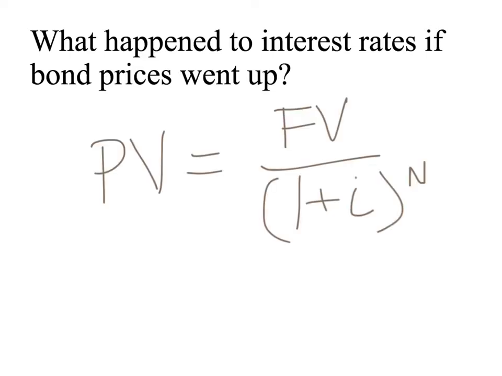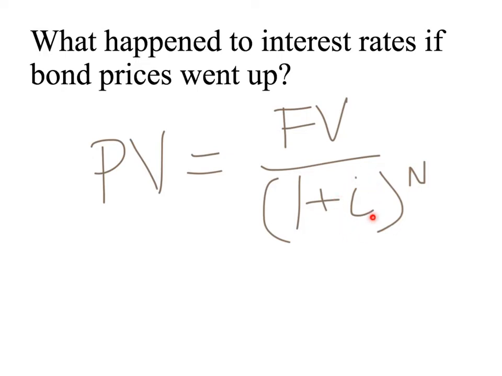Okay, using our trusty formula, we can see that if this quantity went up, then the right-hand side of this equation must have gone up as well. And again, since bonds promise to pay a fixed payment in the future, this FV, the payment that occurs in the future, doesn't change. N doesn't change either unless time goes by.